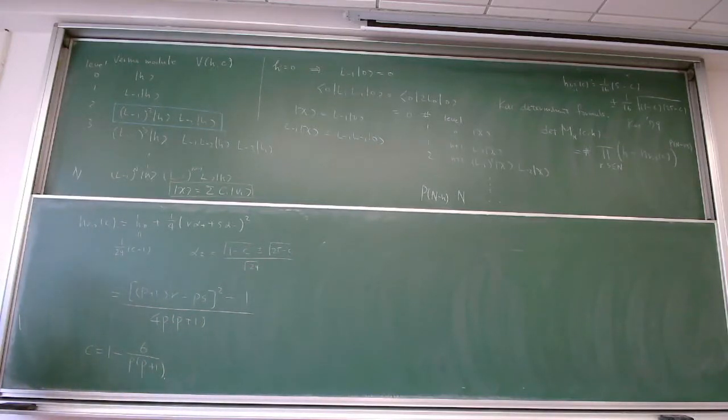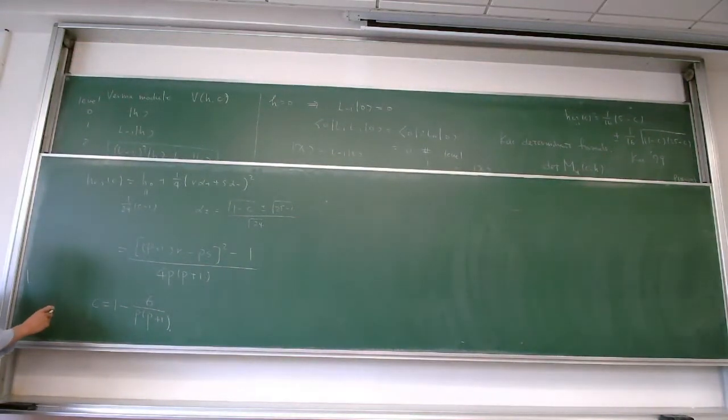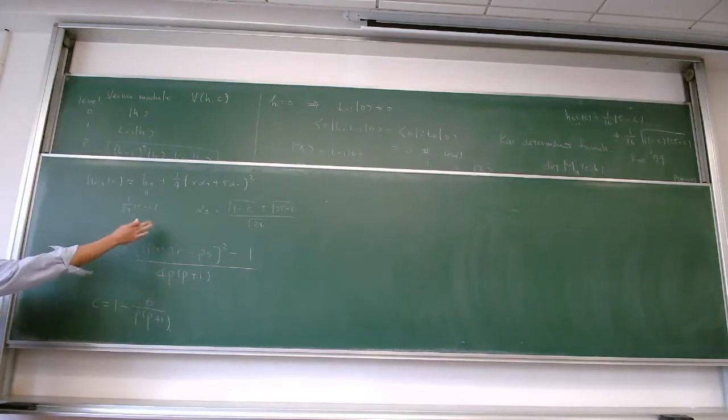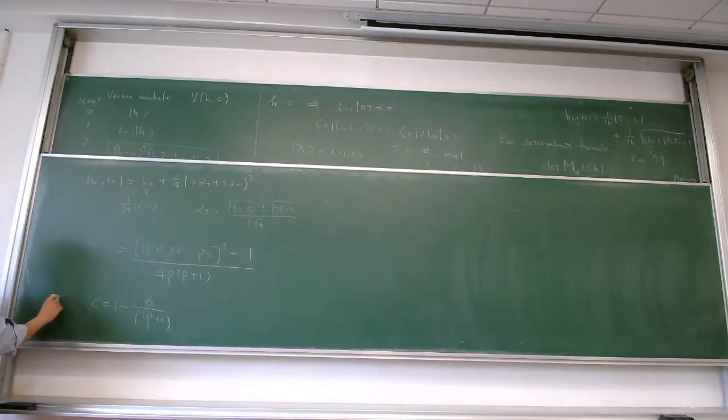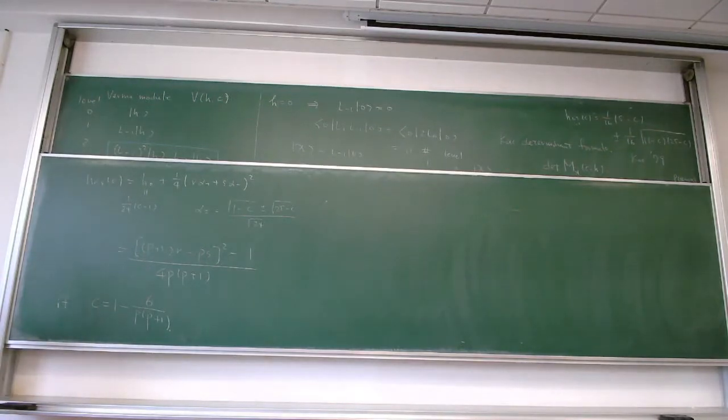So if you plug this one into here, you can just check this is equal to this one. Here p is assumed to be some positive integer, but you can just assume p is some real number if you want.